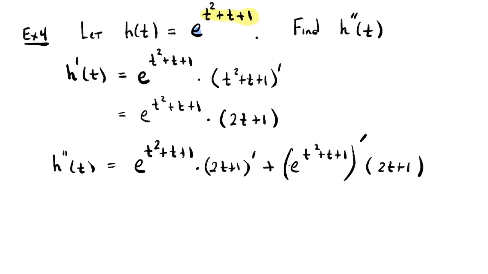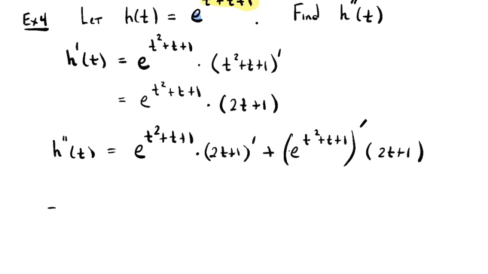All right, and now we just have to do the differentiation details. Let me give myself enough room here. So I've got e^(t^2 + t + 1). The derivative of 2t + 1 is just 2, right, by the sum and constant multiple rule. And then, well, we have to differentiate this exponential function again. We just did it. e^(t^2 + t + 1) is the derivative of the outside function times the derivative of the inside.